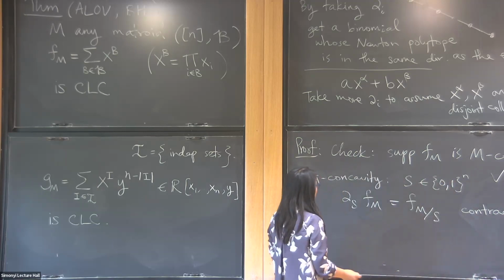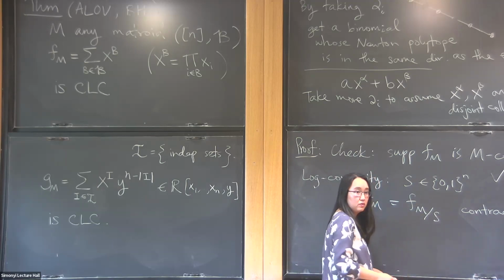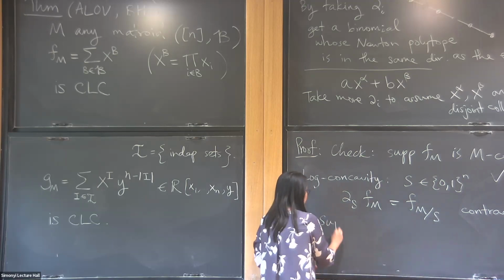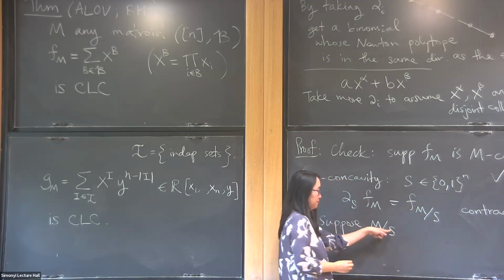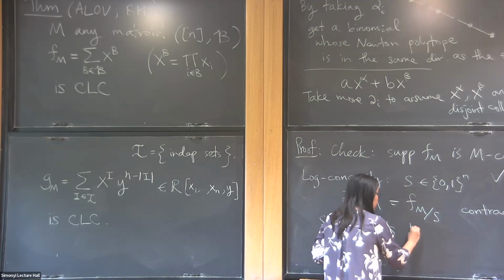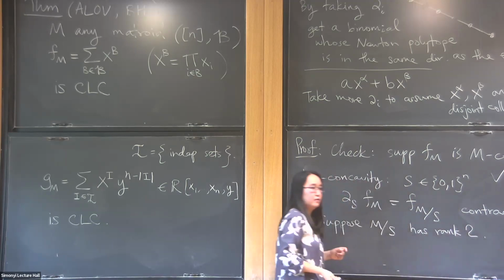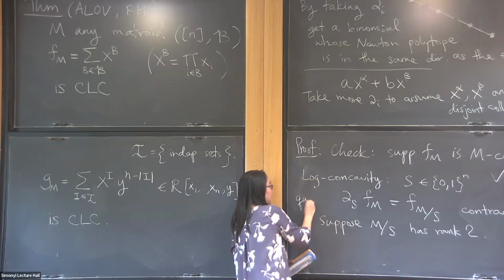And then we're only interested in the ones where this contraction is degree 2. That means that this matrix has rank 2, because we only need to check quadratic.